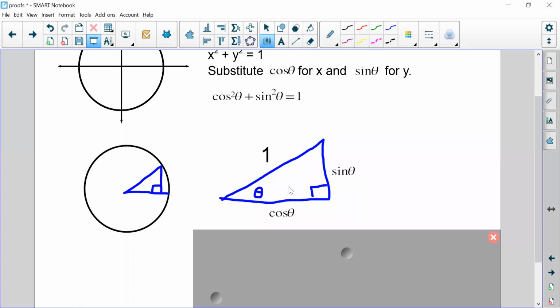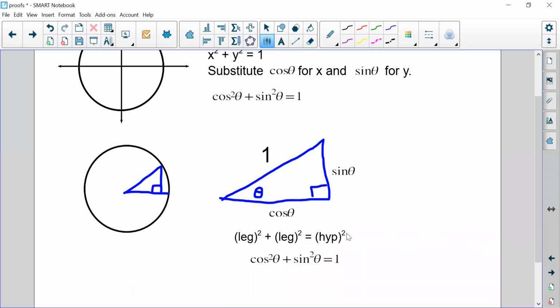What can I do here? This is a right triangle, so that means that the leg squared plus the leg squared equals the hypotenuse squared. So cosine squared plus sine squared equals 1 squared. And that is a second way that hopefully is very convincing to you that indeed cosine squared theta plus sine squared theta equals 1.